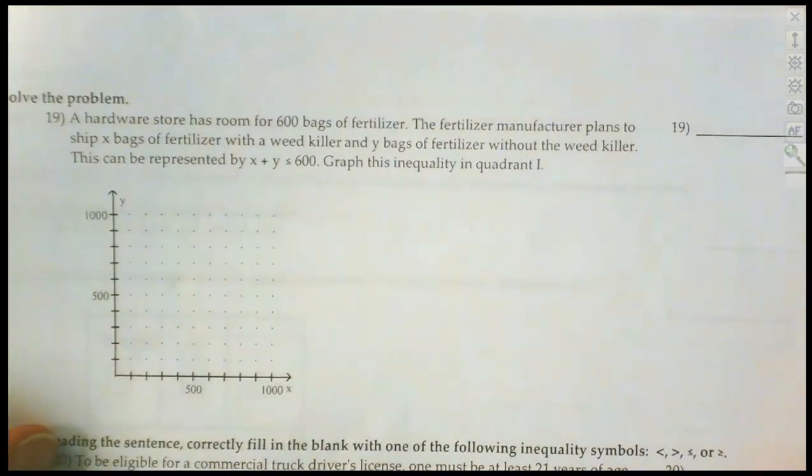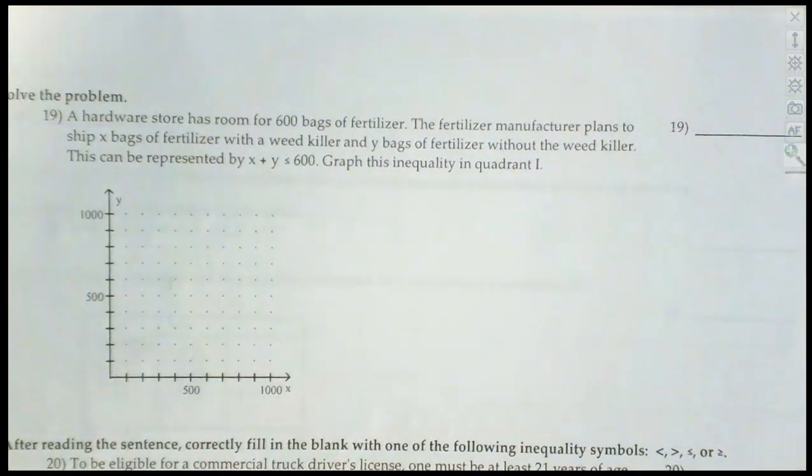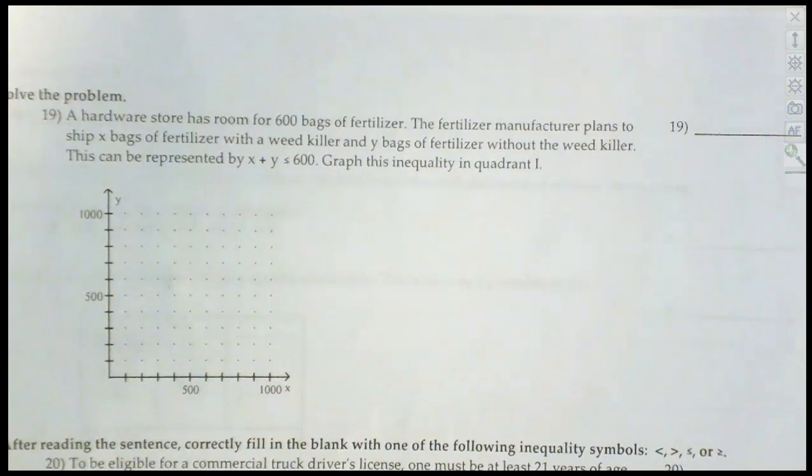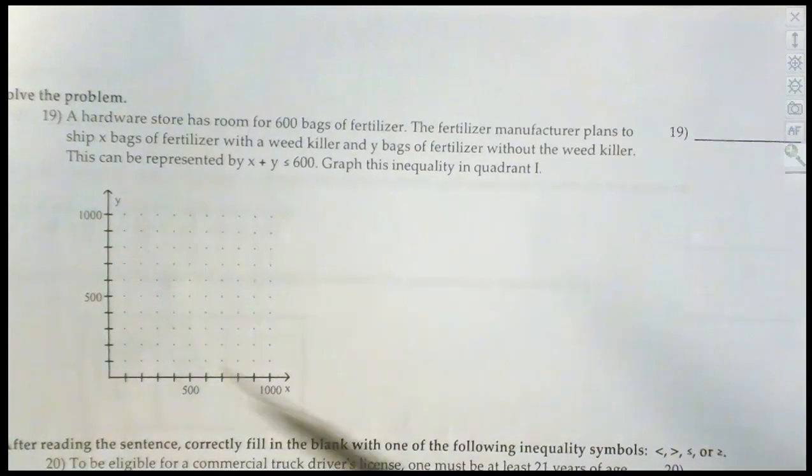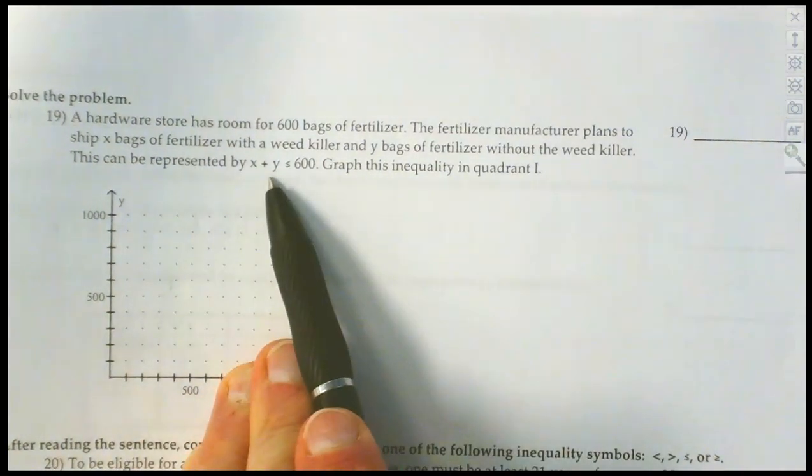So this is what we've got here. A hardware store has room for 600 bags of fertilizer. You can have some of the bags with fertilizer and some of them without. So we need to graph this inequality here.